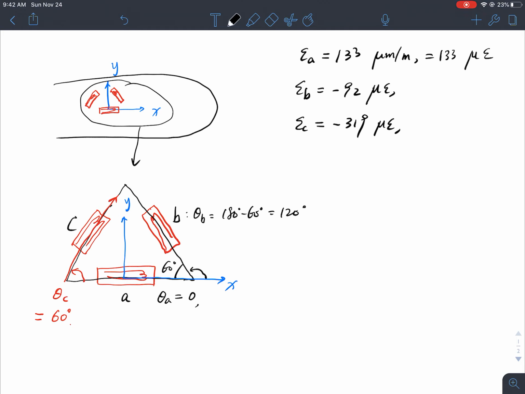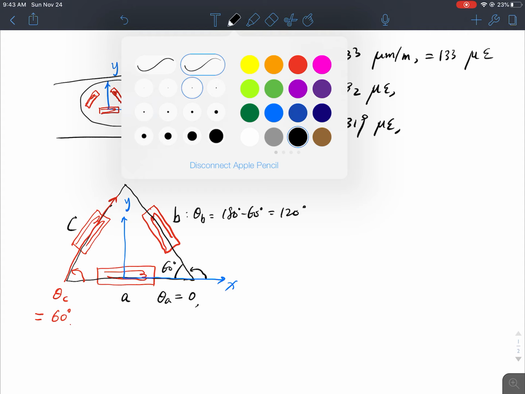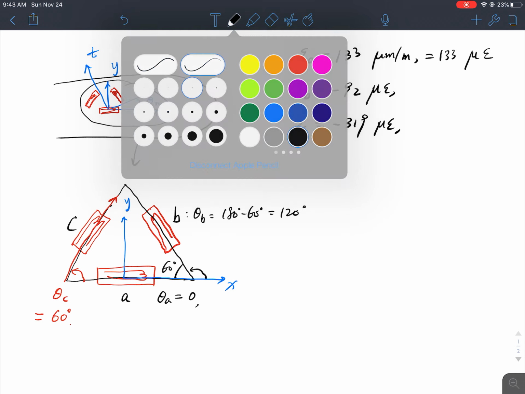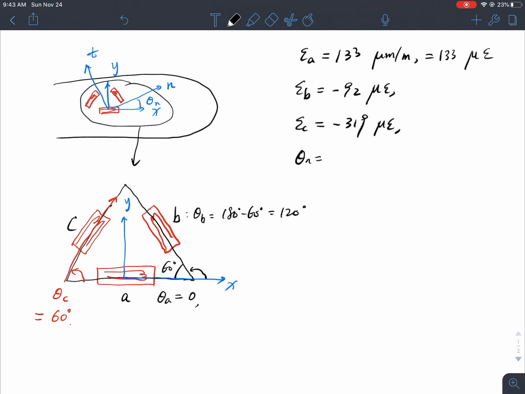So the question is, if I want to find out the stresses on the surface, I want to find a particular orientation. Given that theta n, shown in the drawing, is equal to 50 degrees.